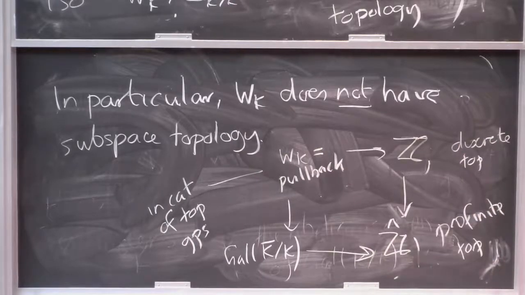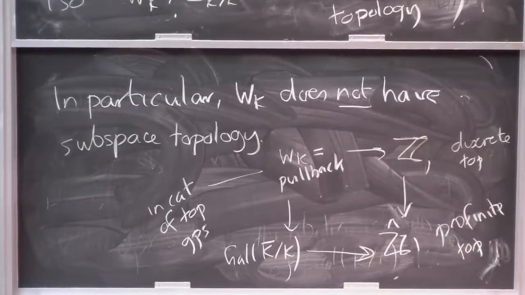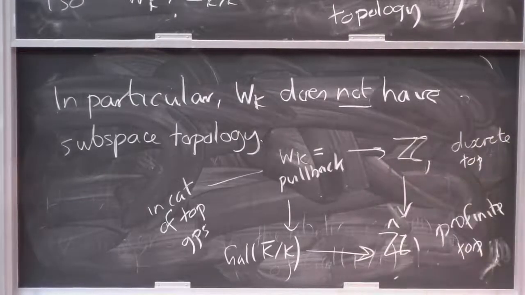So I'm doing two things. I'm replacing the Z hat by a Z, but I'm also changing the topology. I'm putting in more open sets. So there's the Weil group. And one wonders why it's there, at least at this point.